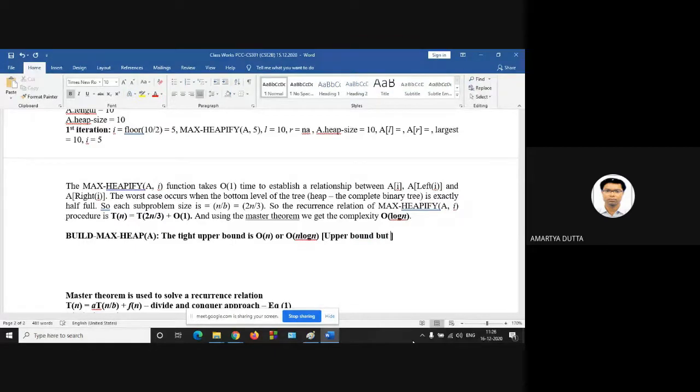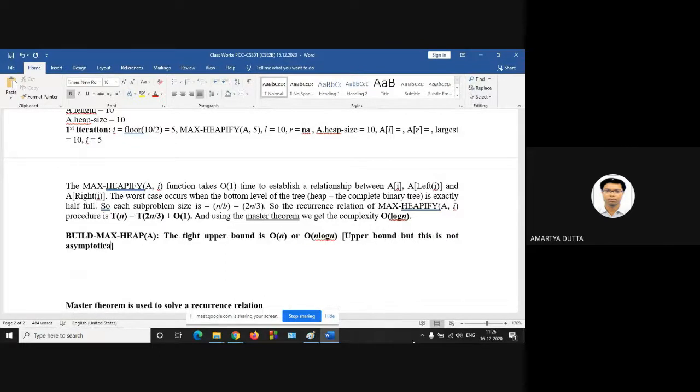But this is not tight. Asymptotically tight means most suitable one. Most suitable one is order of n. So build maxif, the argument is the array.